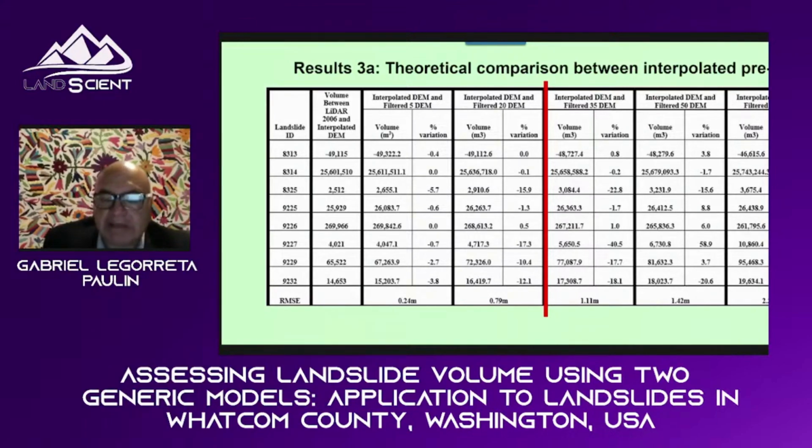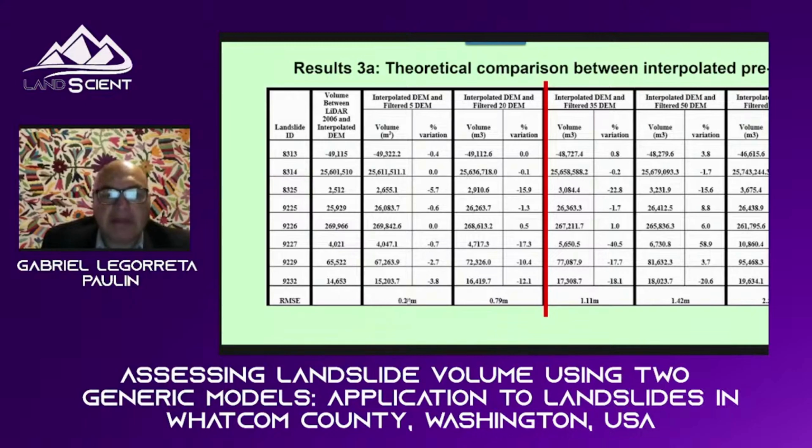Now, let's relate it to the elevation. So we use the interpolated digital elevation model as a reference. And now we use a technique that is called root mean square error. This kind of error, we can think of as a kind of normalized distance between my reference altimetry, which is the interpolated digital elevation model, and my predicted digital elevation model for filter 5, for filter 20.